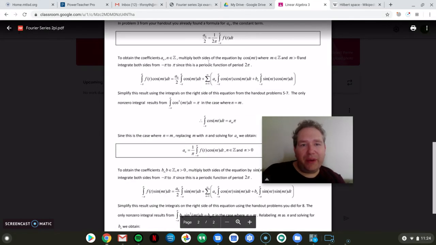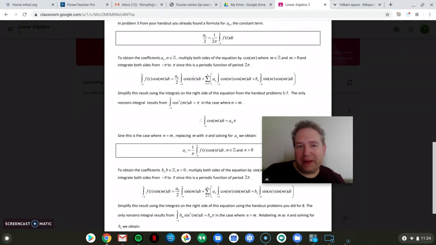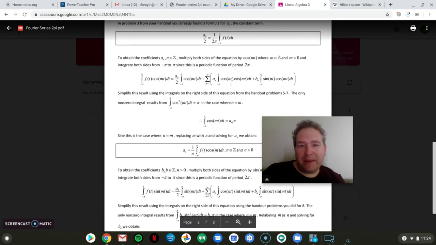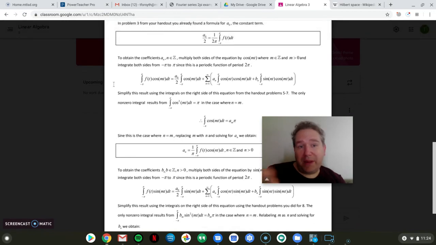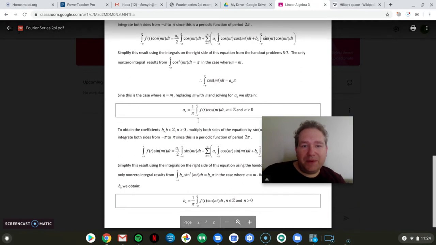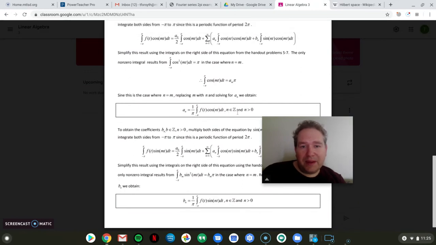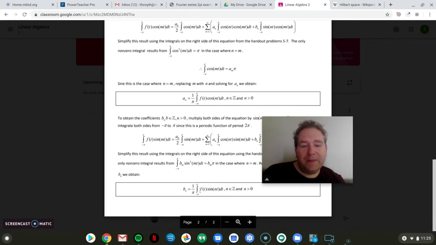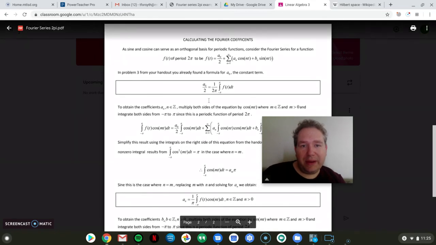If you take this and multiply by cosine mt, which would just be a different integer value than n here, if you multiply both sides by cosine mt, you're able to simplify this down to a formula here. This Z here is the set of integers. It only makes sense to do this on an integer value when you're looking at the periodicity of the functions. And similarly with sine, you get this as the formula.